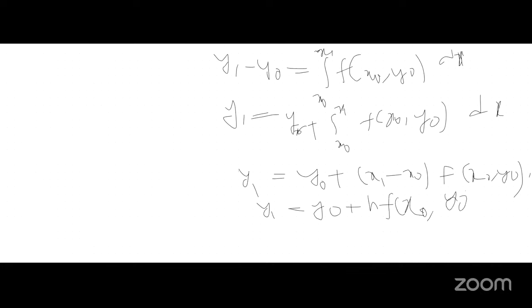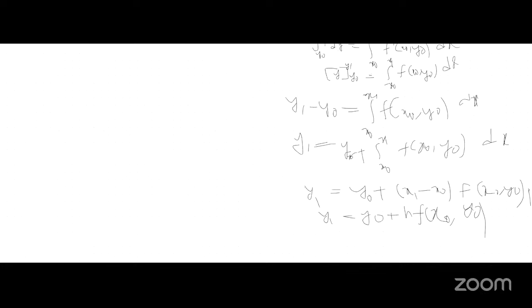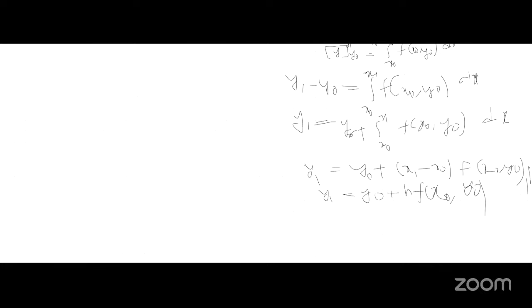So from here we can write y n plus 1 equal to y n plus h into f of x n comma y n.